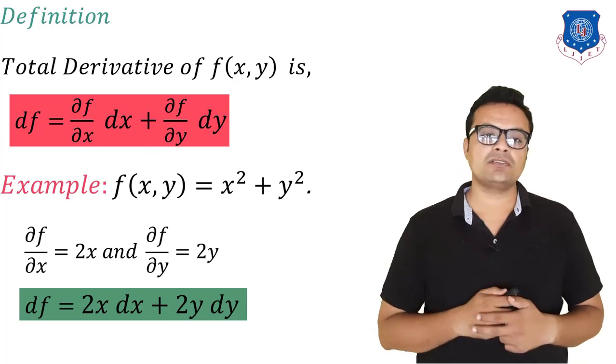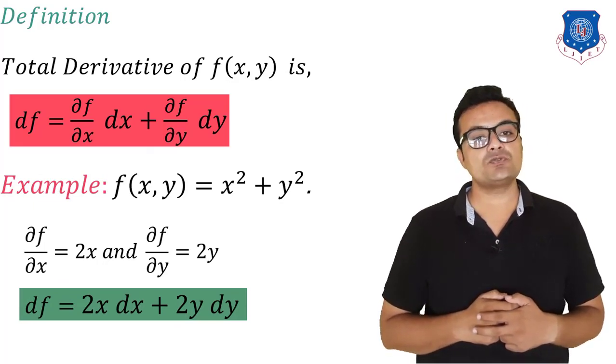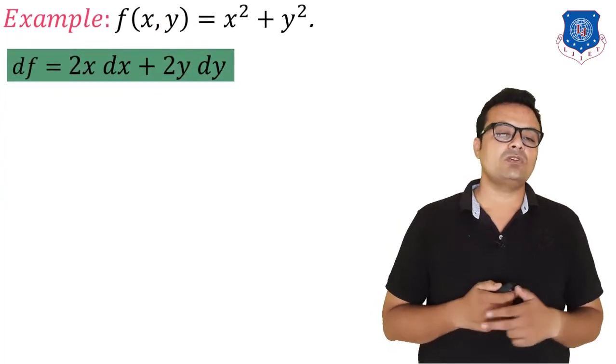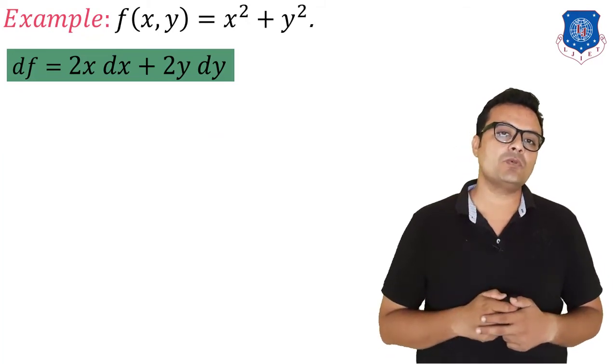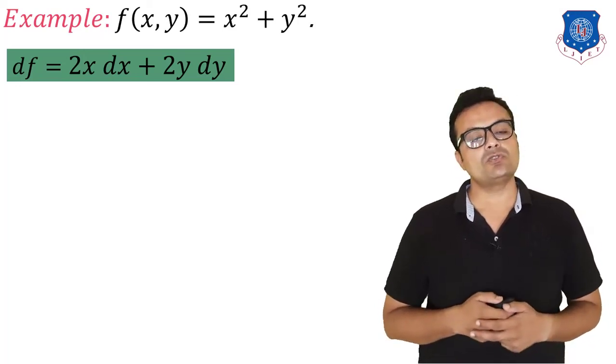And therefore, if I take all these inputs in my formula, it will give me df as 2x dx plus 2y dy. Now keeping this in our mind, as we are not considering any point at this stage, it gives me the general formula for the total derivative.